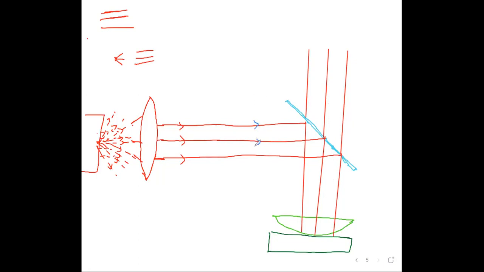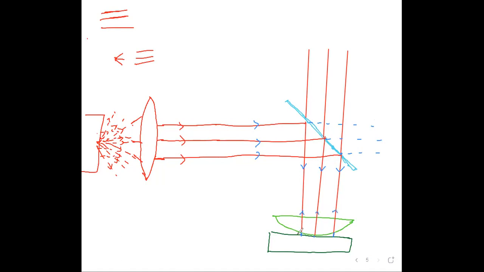This is your incident beam on this semi-transparent plate. Semi-transparent means it undergoes reflection as well as refraction. Some of the rays will be refracted through the glass plate, and some will be reflected at 90 degrees. These reflected rays will undergo reflection and refraction at these positions, and will reflect back.